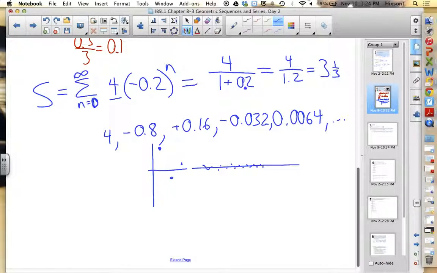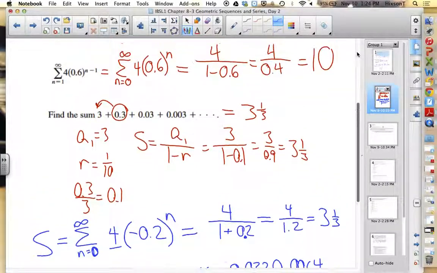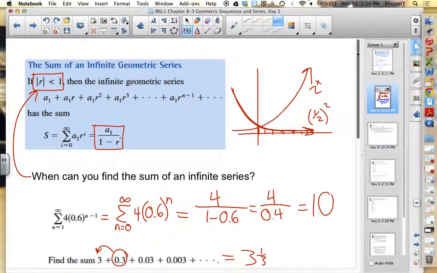Well, if you look at the formula, when it's from i equals 0, whatever this number is in front of the r is going to be your a1. When we had this, we had to convert it, and then that was our a1. Okay?